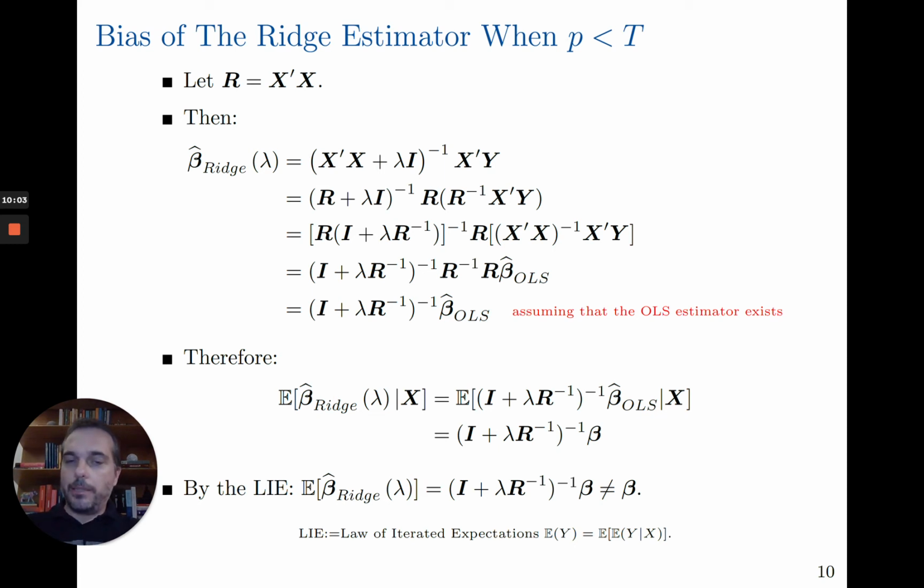Otherwise, the estimator is biased for a fixed value of lambda in low dimensions. We cannot do this in high dimensions because this is not well defined. So it's much more complicated to derive the properties of ridge in high dimensions. These things will become clear when we look at the truly high dimensional case, when we talk about the lasso next week.